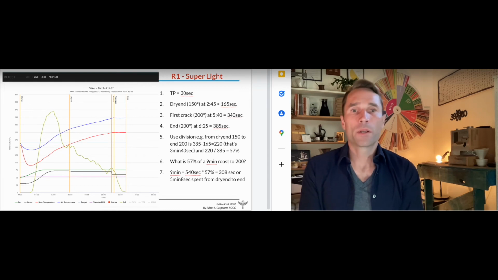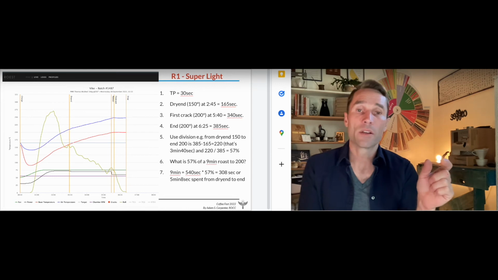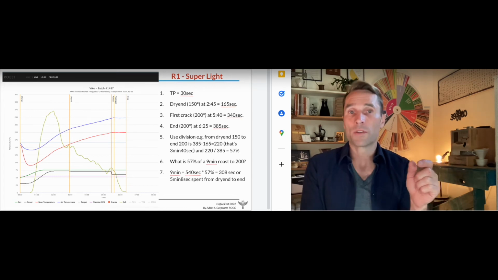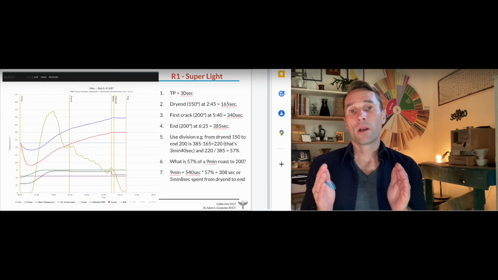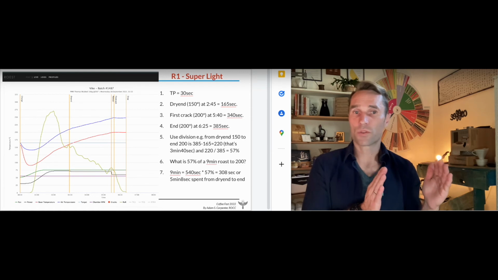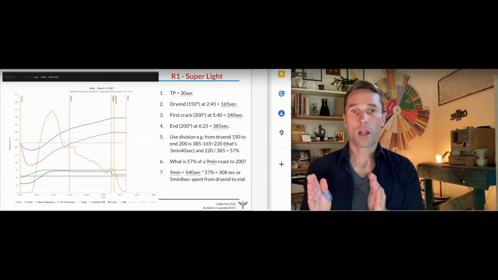So using division, from the end of dry end, which was 150 degrees, to the end of the roast, which was 200 degrees, we want to increase 50 degrees centigrade in 220 seconds. End of the roast was 385 seconds minus 165 seconds, which is where dry end was reached.